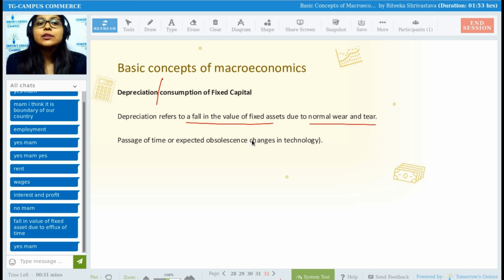Usually when we purchase a fixed asset, after a certain period of time its value starts decreasing, and that decreasing value is nothing but depreciation, after passage of time or expected obsolescence due to change in technology.